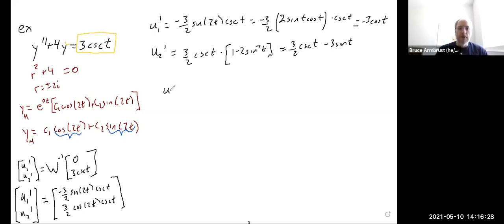All right, so here we go. So u1 is going to be the integral of the minus 3 cosine of t, which is minus 3 sine of t. And I'm going to put plus c1.